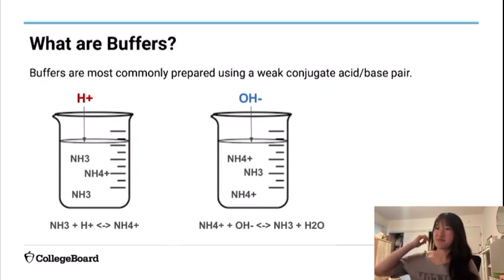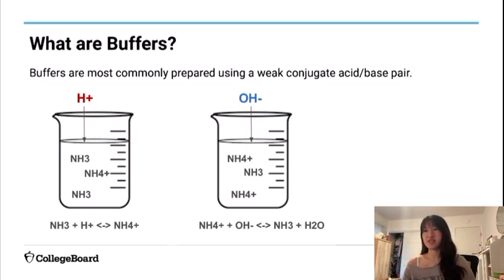Buffers are most commonly prepared using a weak conjugate acid-base pair. One example of this in this diagram is the NH3 and NH4 plus conjugate acid-base pair. In the diagram on the left, you see an example of when a strong acid is added into the NH3 NH4 plus buffer, which is represented by the red H plus ion, the proton from the strong acid.